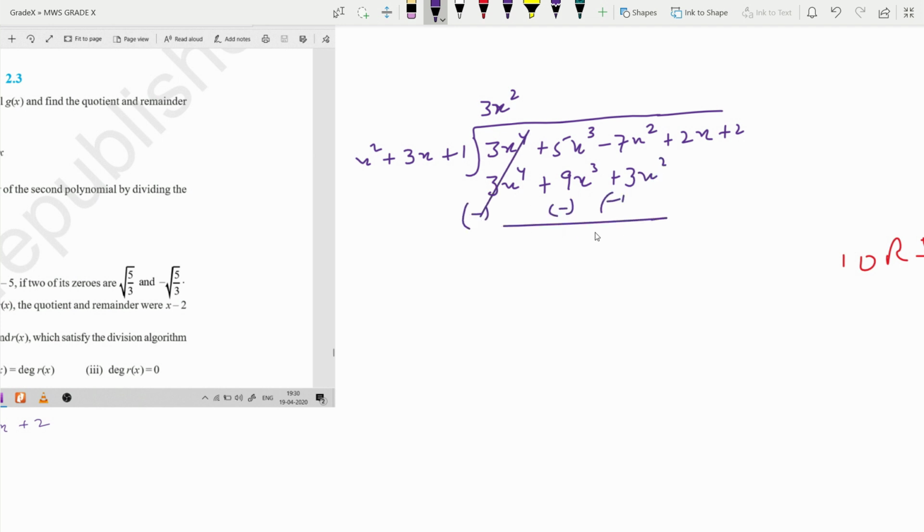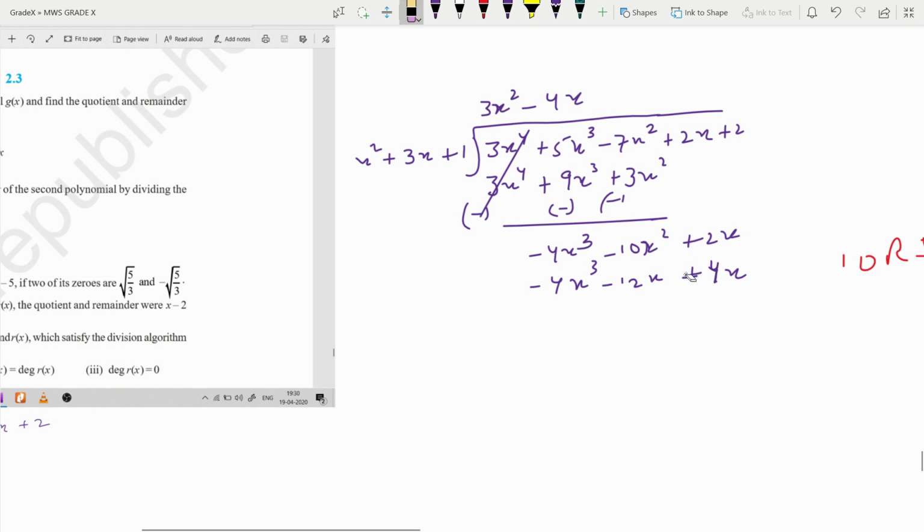This cancels out and this is minus 4x cube. And here it is minus 10x square. Okay, then plus 2x, we can note it down. Now x square and here minus 4x cube, so minus 4x. Minus 4x multiplied by x square, x cube. Minus 4x multiplied by 3x, minus 12x square. Minus 4x multiplied by 1, it is minus 4x.